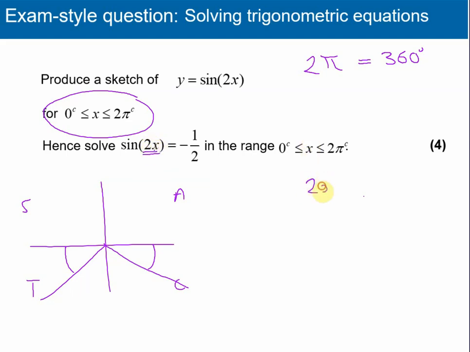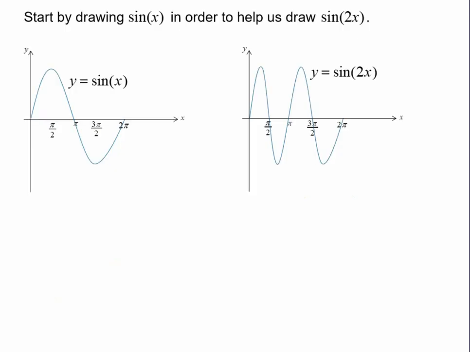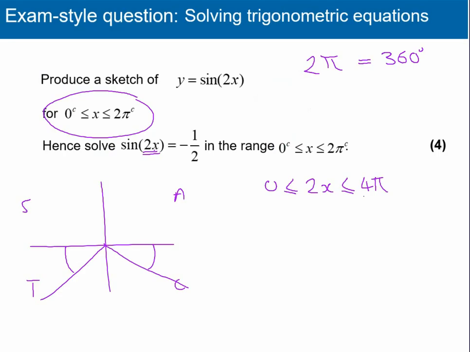So 2x is going to be inclusive of up to 4 pi, but the 0 is unaffected. Okay, so that's just, we have to make sure we go all the way up. And when we look at the graphs, it's going to get us those 4 answers, because we're going to half it afterwards. So there we go. All right, that will make a little bit more sense in a minute.